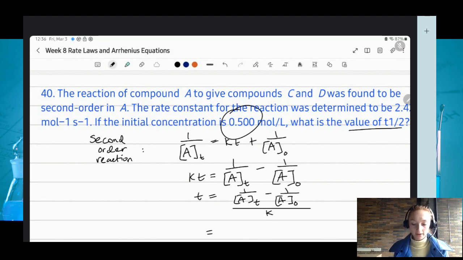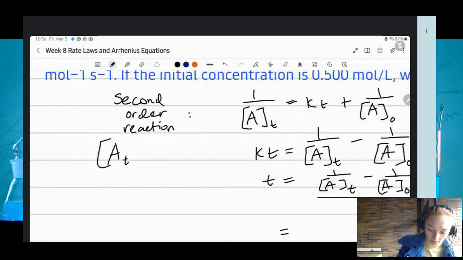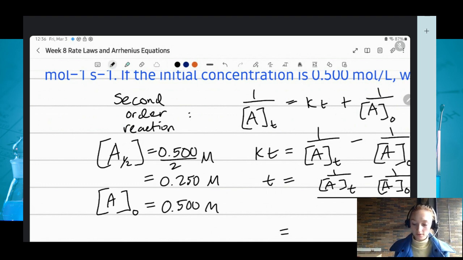So at T1/2, the molarity will be 0.25. So I'll just write this on the left. A_t is going to be 0.5 divided by 2, or specifically 1/2. And then the initial value of the concentration is going to be 0.5. There we go. So those are all of the values that we're plugging in.